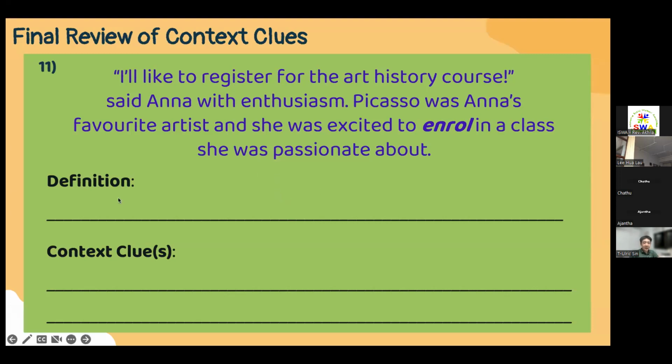So the context clue used here is synonym. Let me just write it down. Okay.